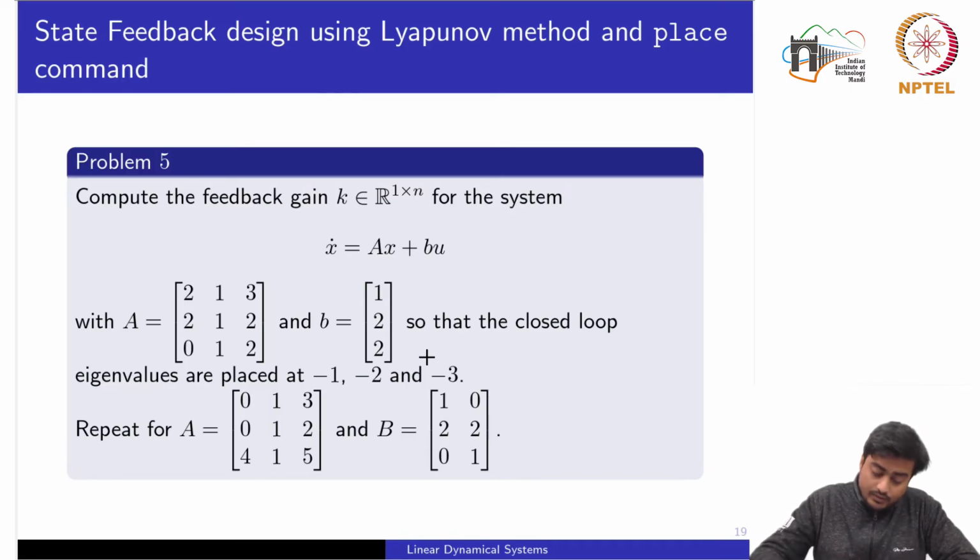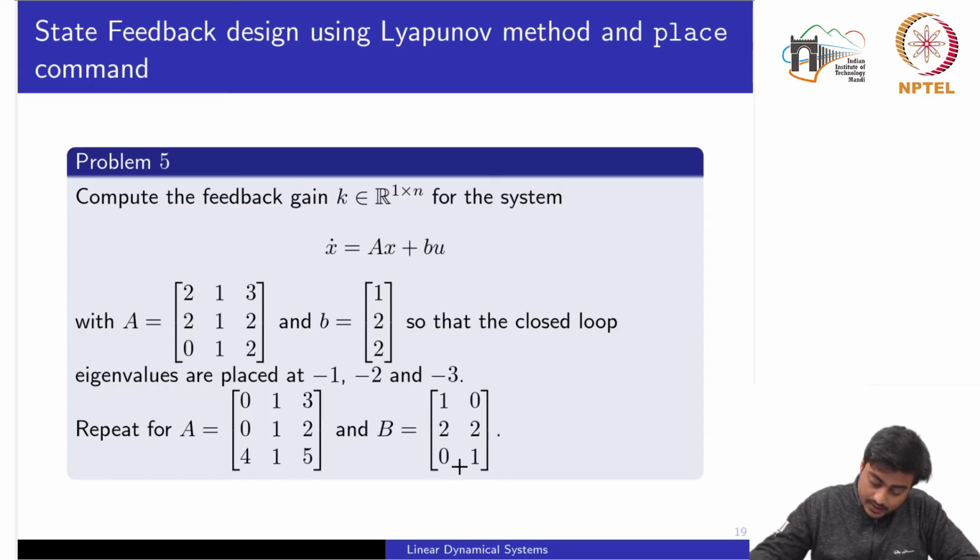Here we want to see numerically that if we use two different methods for computing the state feedback gain to place the eigenvalues at the same location, whether those gains would be the same or different. So this problem we would see with the single input variable case and also with the multi-input variable case.